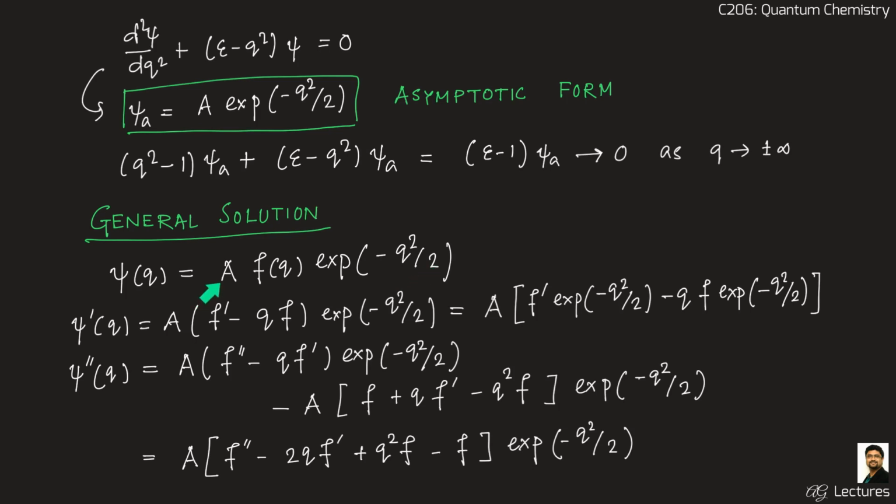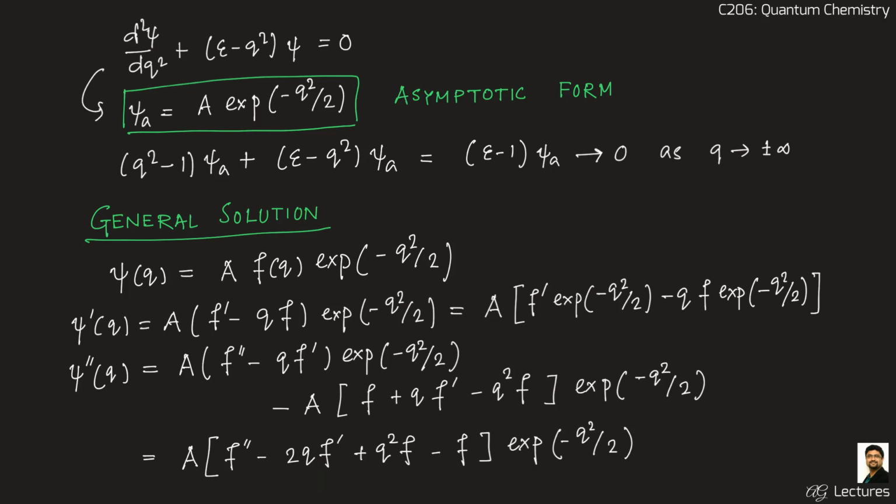This is just the amplitude. The only thing which is not known yet is the f of q part, and the f of q part, as I told, is going to be obtained by plugging these two expressions into the equation and then solving that new equation of f involving double derivative and single derivative of f.